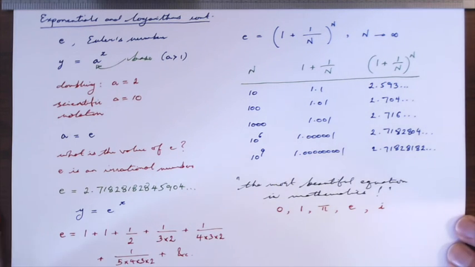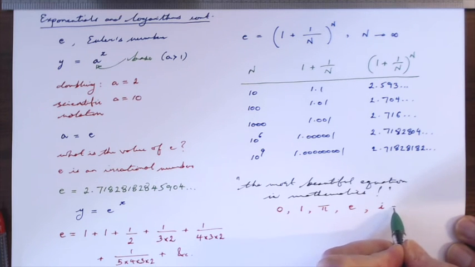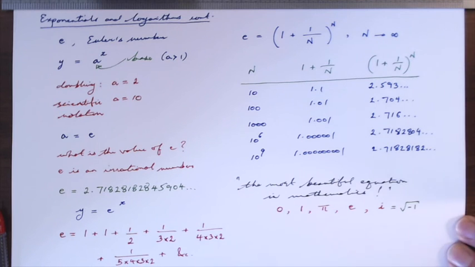And this i here represents the following. It represents the square root of -1. And that might seem a bit odd because you've been taught for so long that you can't take the square root of negative numbers. Well, you can't take the square root of negative numbers if you're dealing with real numbers.